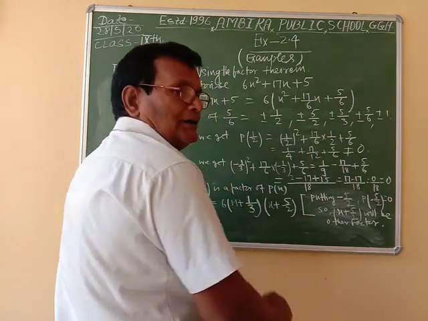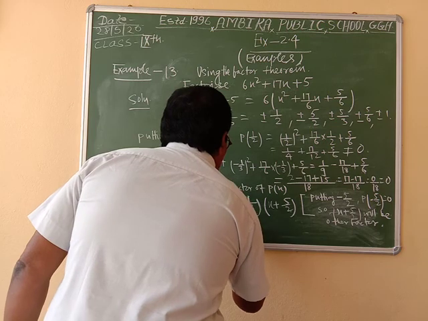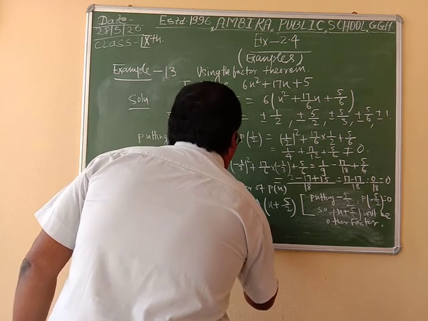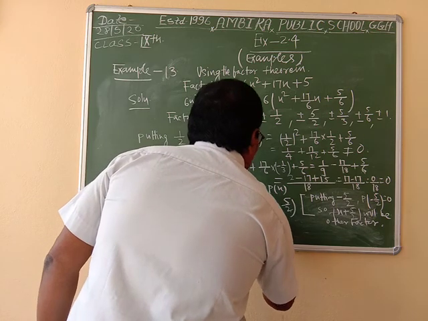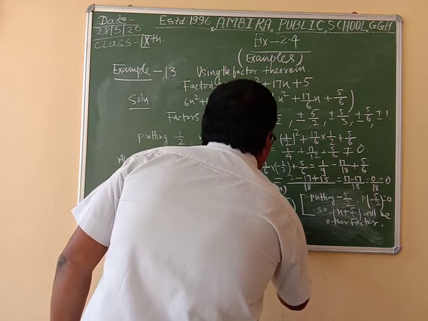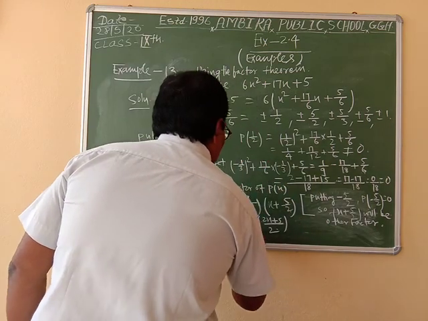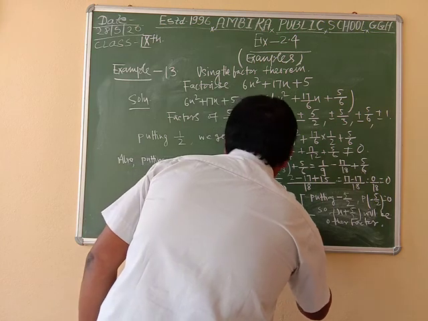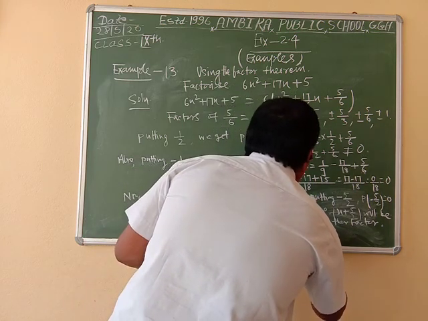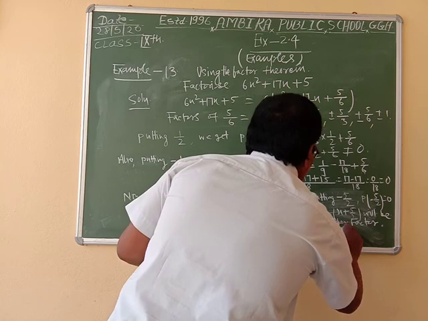It is equal to 6 into x plus 1 by 3 into x plus 5 by 2, which is equal to 3x plus 1 into 2x plus 5.